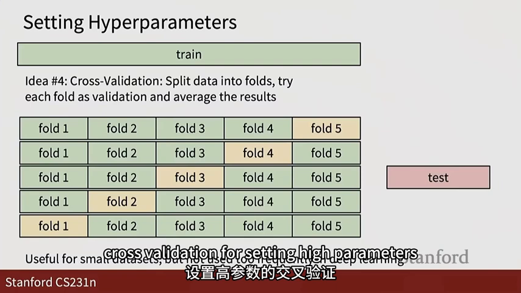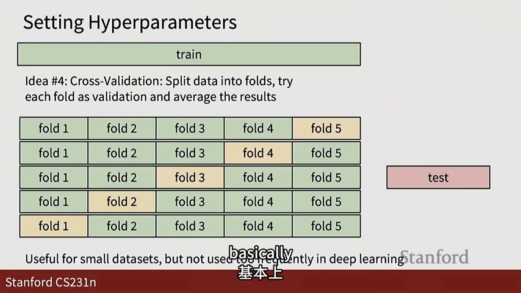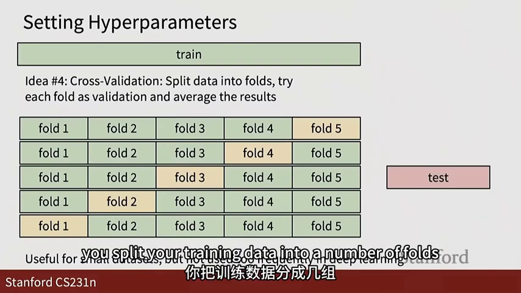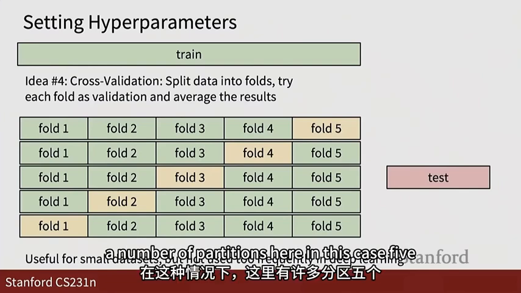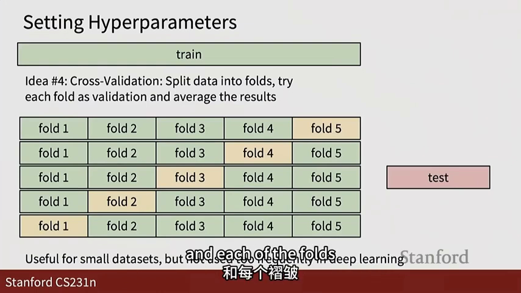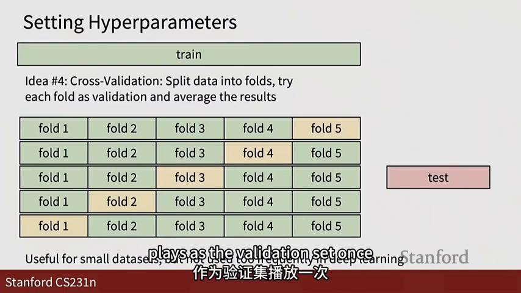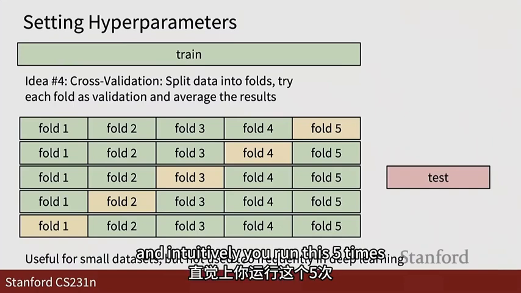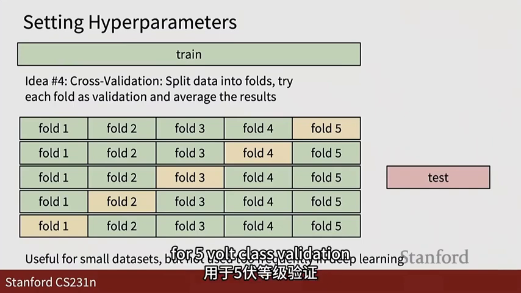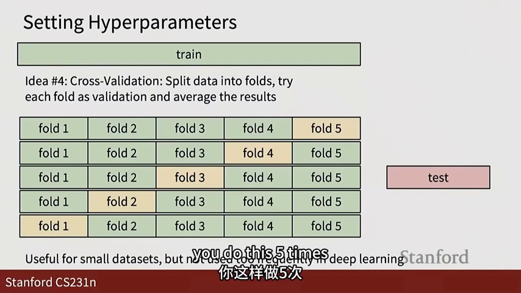cross-validation for setting hyperparameters. Basically, you split your training data into a number of folds, a number of partitions, here in this case 5, and each of the folds plays as the validation set once, and iteratively you run this 5 times for 5-fold cross-validation. You do this 5 times and average the accuracies.